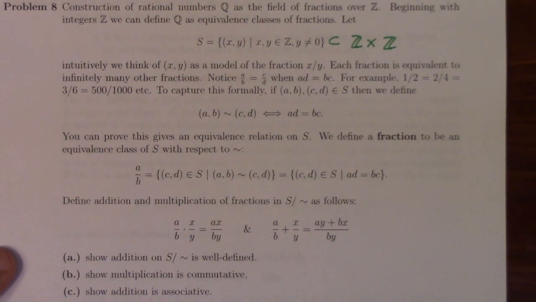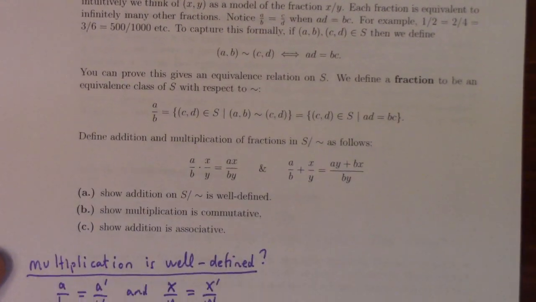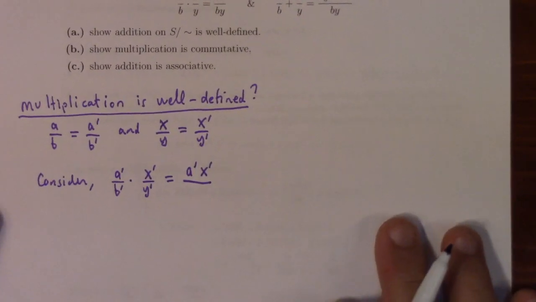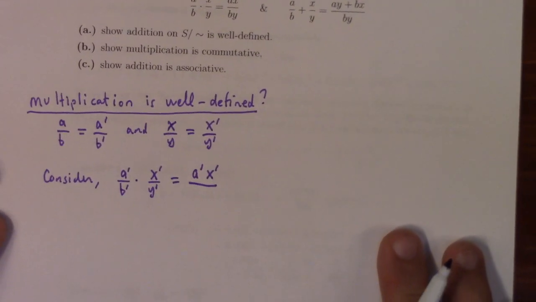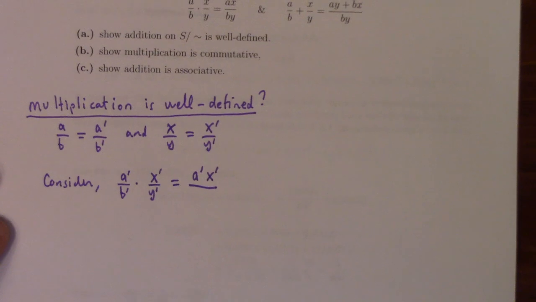So then consider a prime over b prime times x prime over y prime. It is equal to, by definition, a prime x prime over b prime y prime. Oh, I'm sorry, I was beyond the universe. My bad. My apologies. Let me zoom out a bit here.